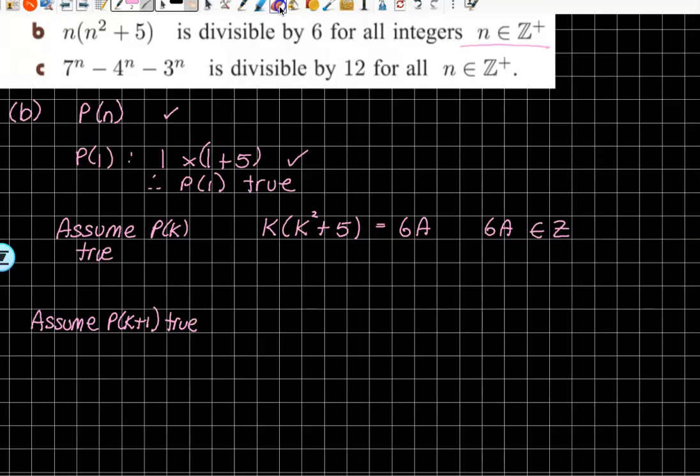Oops, what am I doing? Getting so excited to prove. Okay, so we're trying to prove K plus 1 times K plus 1 squared plus 5. We want to say that that's going to equal 6 times something.